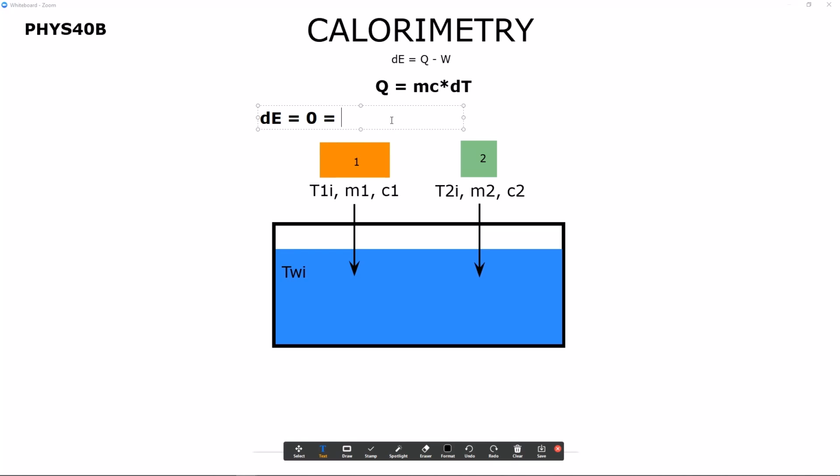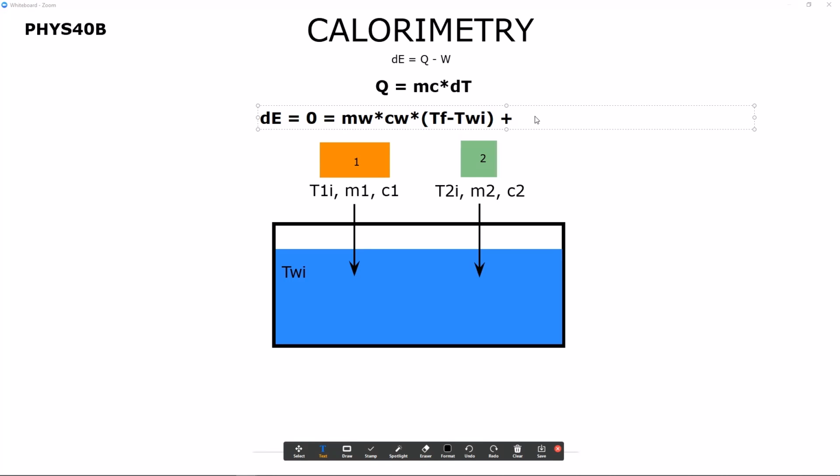So we would have m1 times C1 times, and we'll use TF to describe the final temperature, minus T1I. And then same thing for the water, it should be mW and CW for the mass of the water. You need to know how much water you have and the specific heat of water.